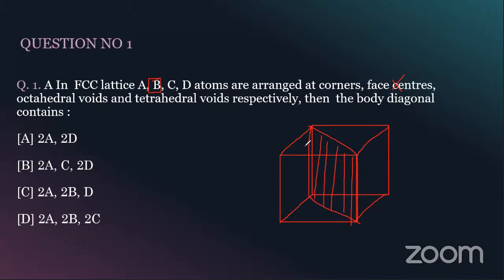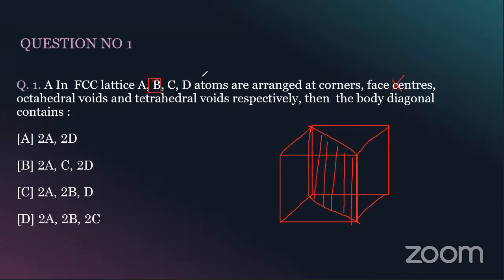Because there are faces. What do you mean by faces? The faces are the surfaces of the crystal or the cubic cell. See, this is the first face, then the above face, the surfaces you can say. But when you look at the diagonal, you don't have any face in between and therefore you don't have any atom present over there.